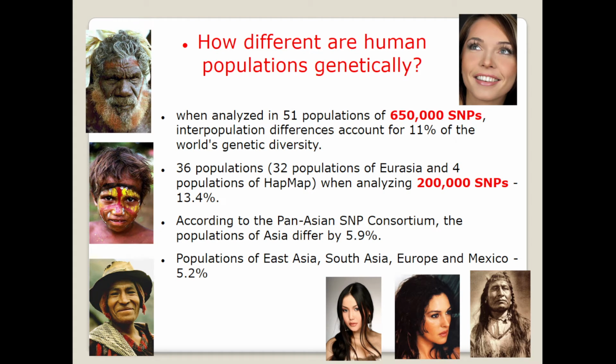And now all people know about 51 populations, and this is 51 populations, scientific database has information about 650,000 SNPs, which give only 11% differences interpopulation.